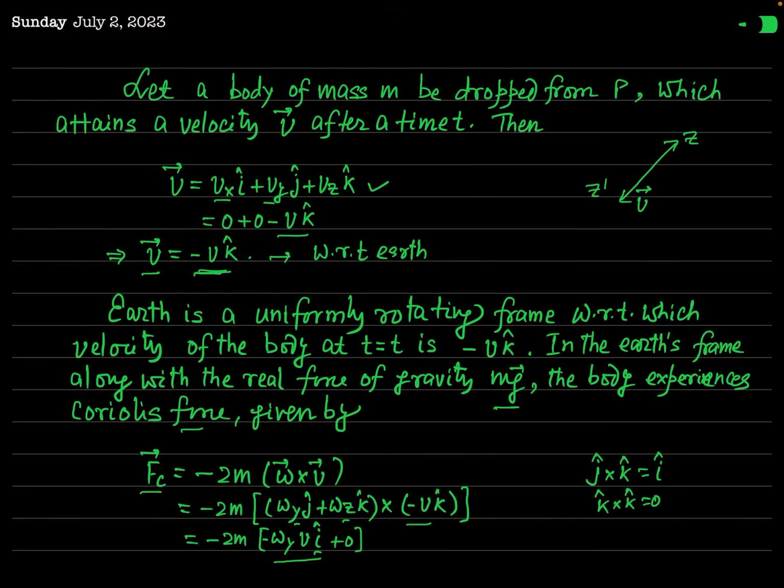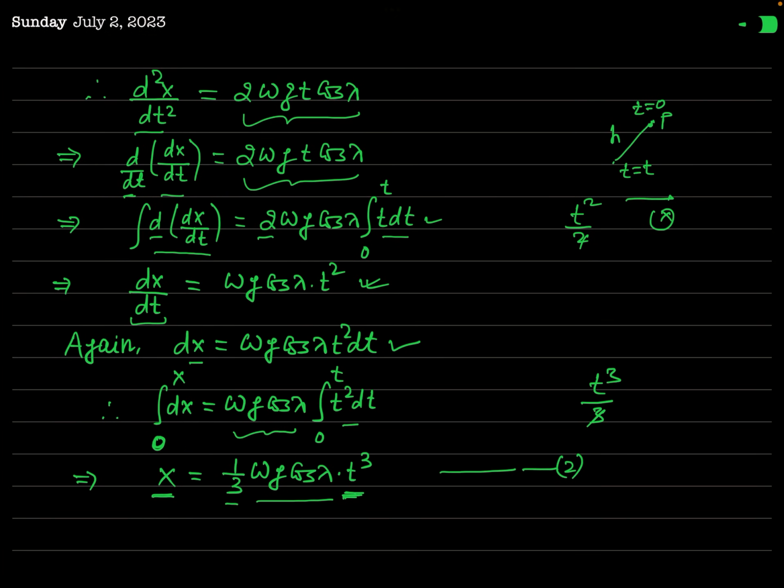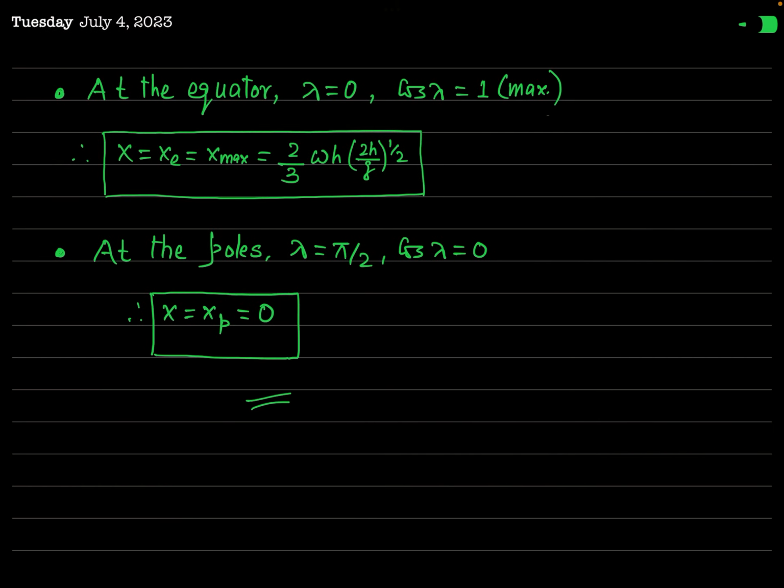So we will see what will be the deviation suffered by the particle when it is dropped just above the equator and when it is dropped just above the poles of the earth. As you have seen, at the equator or just above the equator, lambda is 0. And when lambda is 0, cos lambda will be 1, which is its maximum value. So as cos lambda will be maximum, whenever the body is dropped from a point just above the equator, it will suffer maximum deviation.